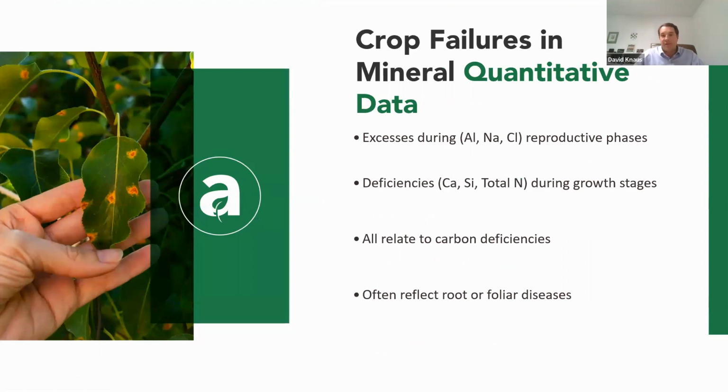When we find growers that have crop failure in mineral quantitative data, we find massive excesses, typically during reproductive phases, of aluminum, sodium chloride, or all three. We often see corresponding calcium, silicon, and total nitrogen deficiencies during key growth stages.